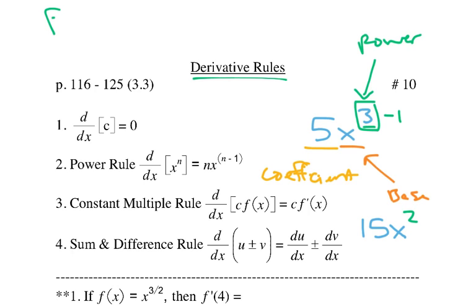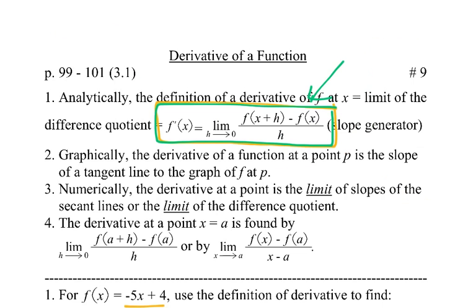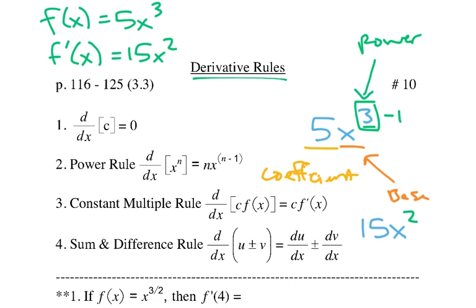So if we start with f of x equals 5x cubed, then f prime of x equals 15x squared. And that's so much easier than going through this whole process every time. So that's going to be a really useful rule in the derivative world, and we're going to call that the power rule. That's the power rule, this one right here.